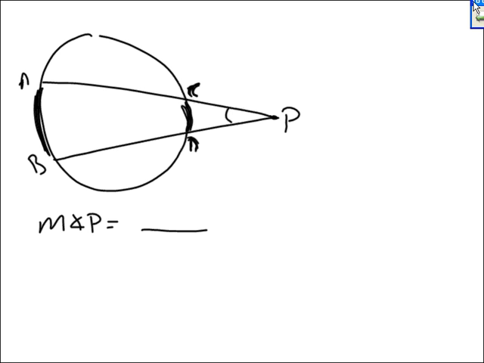Now when you subtract, you always do larger minus smaller. It's the measure of arc AB minus the measure of arc CD, all over 2.